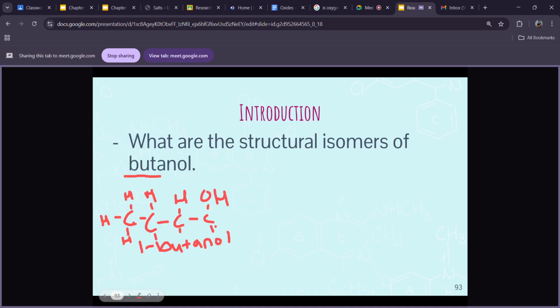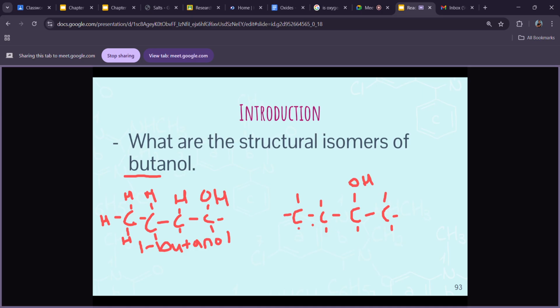I'm not going to draw all the hydrogens in this case, but they're there. Just going to draw the next one right here. So it's 1, 2, 3, 4, and then the OH on carbon number 2. So that's another isomer, with the hydrogens, of course, being here. That being position isomerism, where I change the position of the hydroxyl group.